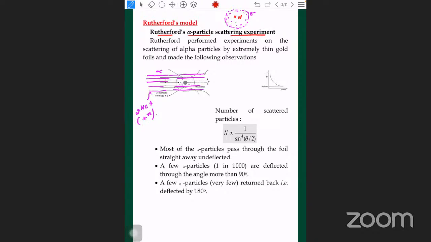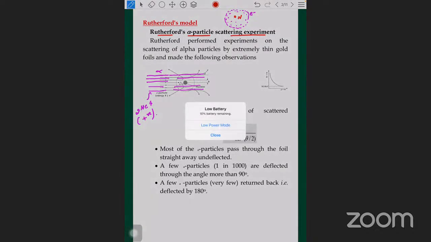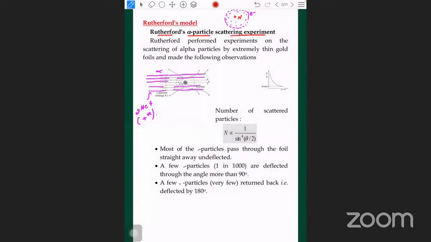If the entire mass were distributed uniformly, the alpha particle should not come out of the other side. It should get absorbed or it should get reflected. But we have noticed that the maximum number of alpha particles passed straight without any deviation. That indicates most of the atom is empty. Most of the space of the atom is empty.